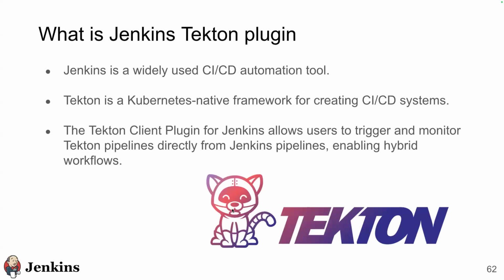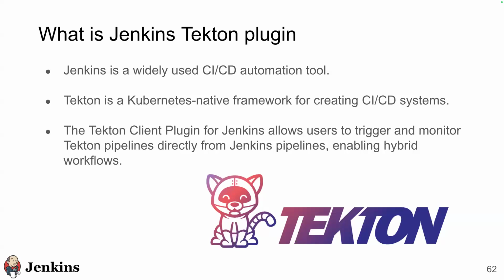So first, let's talk about the Jenkins Tekton plugin. As we all know, Jenkins is a widely used CI/CD automation tool that most of you are probably familiar with. And Tekton is a Kubernetes-native framework for creating CI/CD systems that runs directly on the Kubernetes cluster.